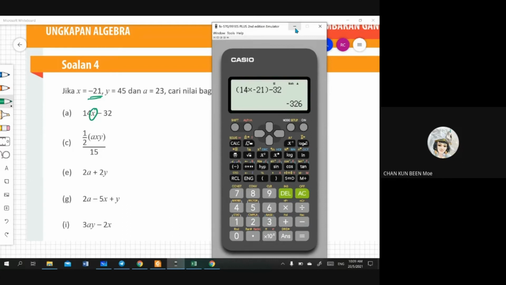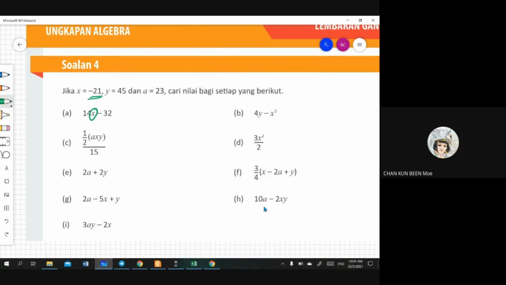For all the groups, I'm going to assign one question to you. I give you 1 minute. You solve the question using the calculator, and then you give me the answer. 1 point will be given for every correct answer. So B, group 1.